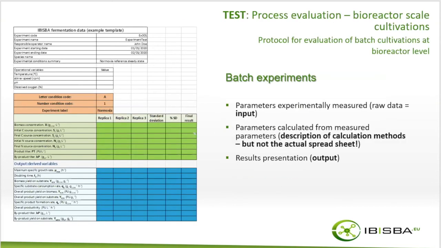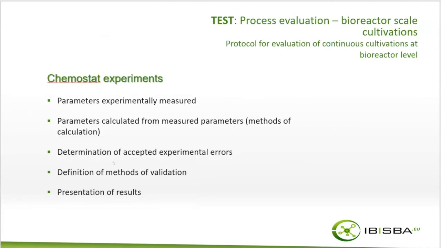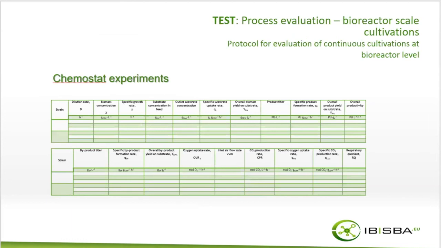For instance, we made new Excel sheets to put all the data in a specific format, with units, etc. And for chemostat cultures, for instance, we did the same. So we wrote quite detailed guidelines on how to run experiments and how to present the output data of these experiments.